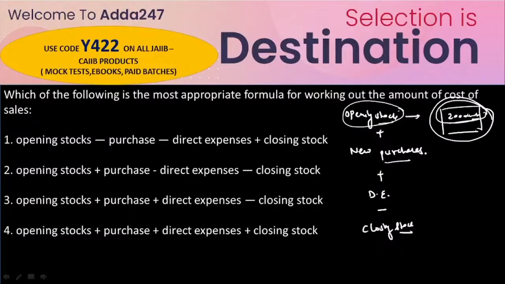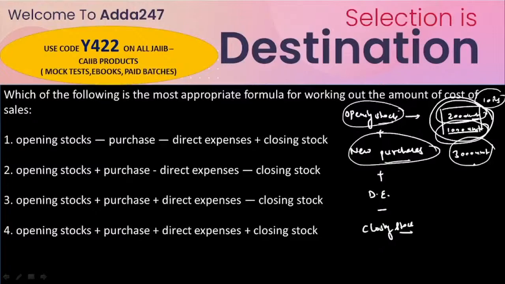After that we purchase more units. Suppose we purchase 1000 units, and now the units available for sale are 3000. Suppose one pencil costs 10 rupees, so that would be 30,000 rupees in total, the value of opening stock and new purchases.